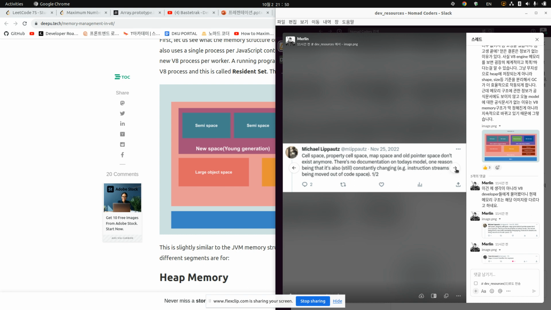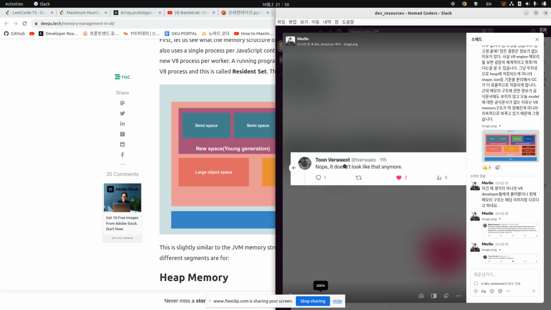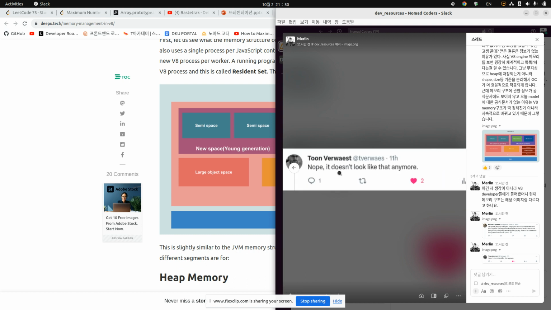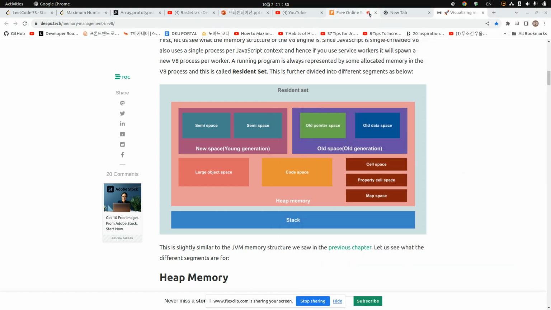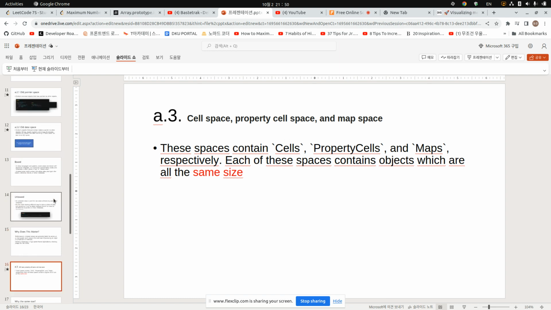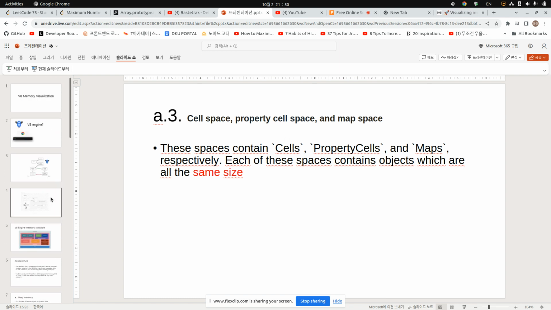I asked if it doesn't look like this, and he said no, it doesn't look like that anymore. So I'm not going to present this too deeply, because there are more important parts and I don't want to waste time. But it is important that the V8 engine is really optimized for developers, and that's it.